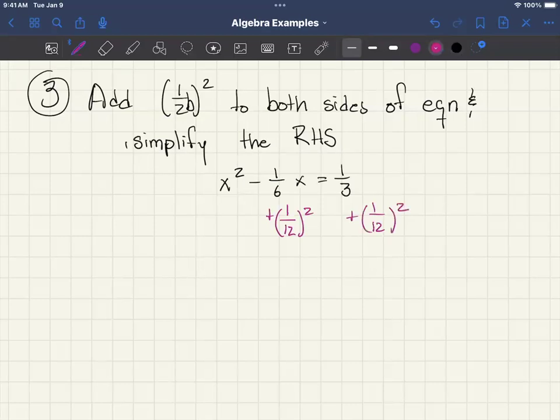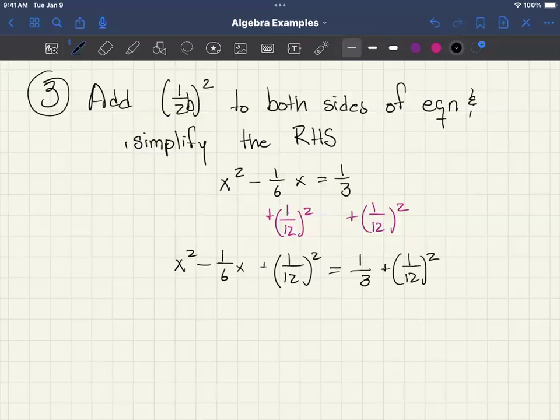Because we're going to add that to both sides. So we end up with x squared minus 1/6 x plus 1/12 quantity squared is equal to 1/3 plus 1/12 quantity squared. Okay, the second half of this says simplify the right-hand side.